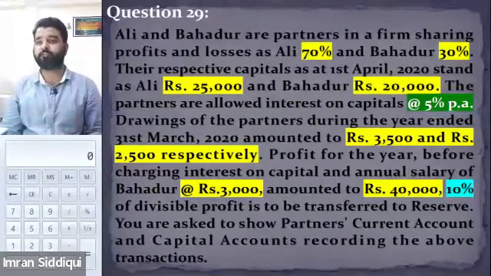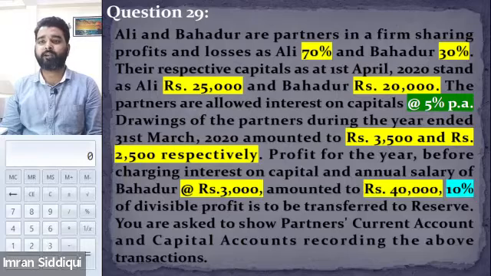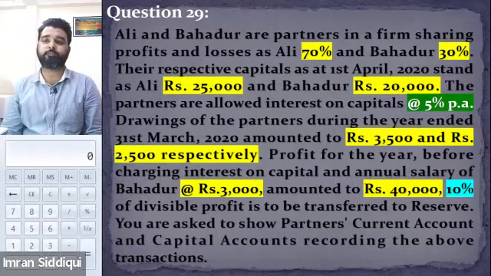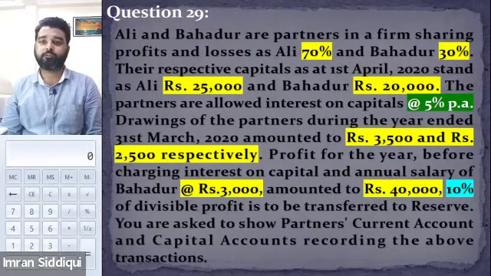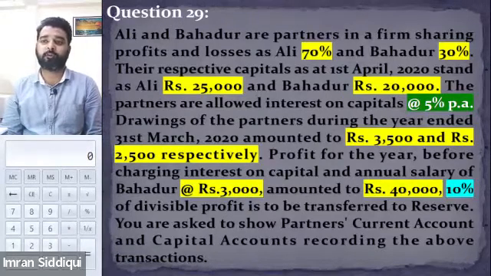Then the question also says that we need to make a reserve of 10% out of the divisible profit. So we need to calculate the divisible profit, and out of the divisible profit, we will prepare a reserve of 10%. Then the question also asks for the preparation of the partners' current account and capital account.